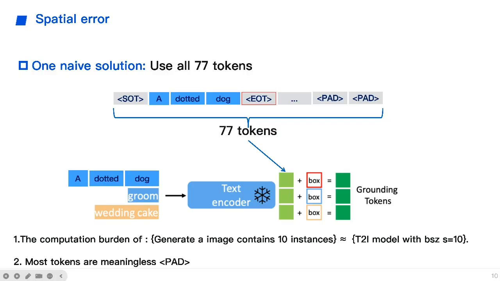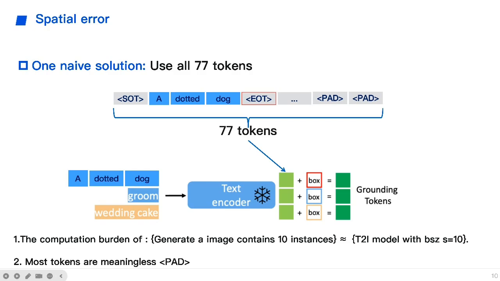Imagine generating an image with 10 instances. If you use 77 tokens for each instance, and each token needs to attend to the image via cross attention, then the memory and compute requirements will scale almost linearly with the number of instances, making it as expensive as running 10 full text-to-image models in parallel.